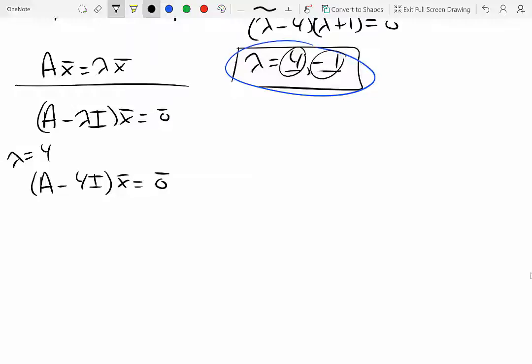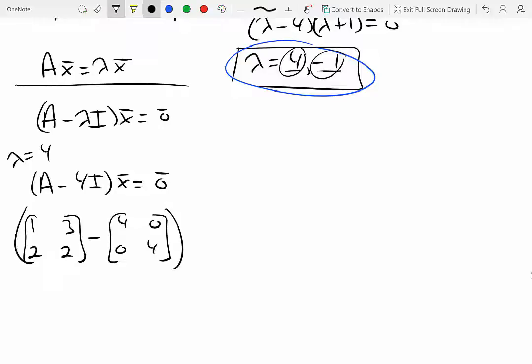So I'm looking at the homogeneous system (A minus 4 times I) x is equal to 0. That is going to be the matrix 1, 3, 2, 2, minus 4, 0, 0, 4, times x is equal to 0. And when I do that subtraction, I will get -3, 3, 2, -2 times x is equal to 0.